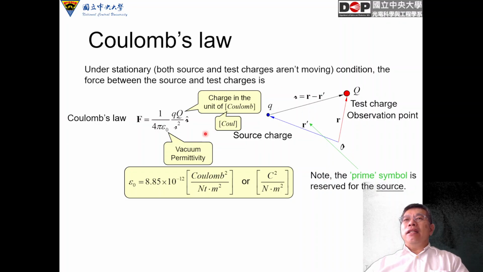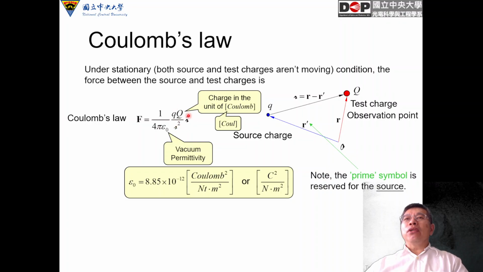So this is the basic form of Coulomb's law, telling us the force the test charge experiences is along the direction from the source charge to the test charge or the observation point.